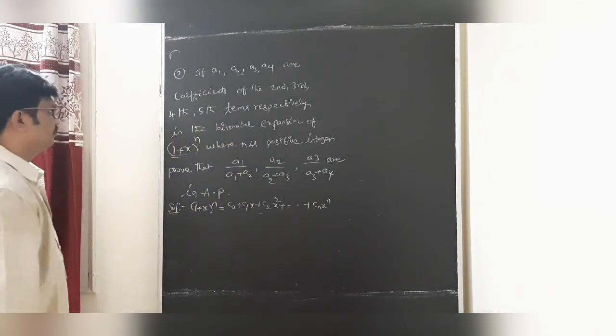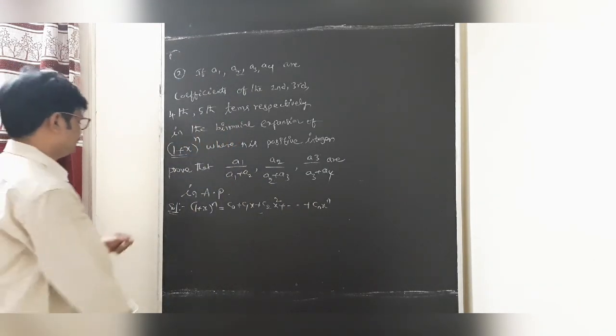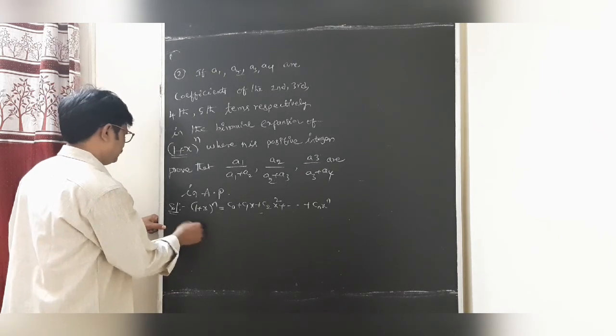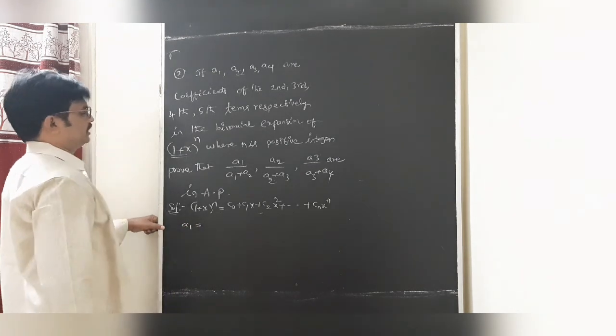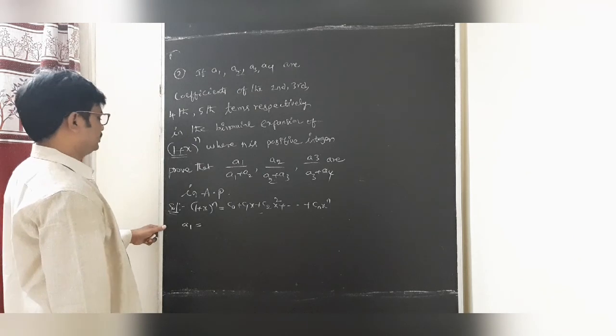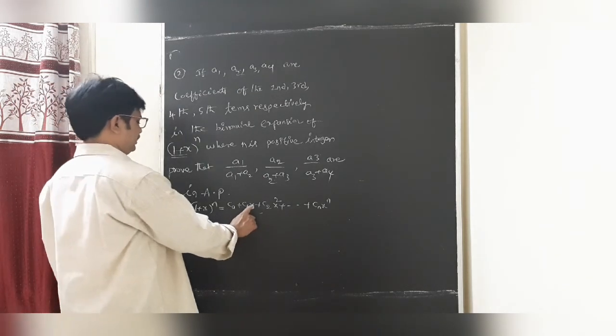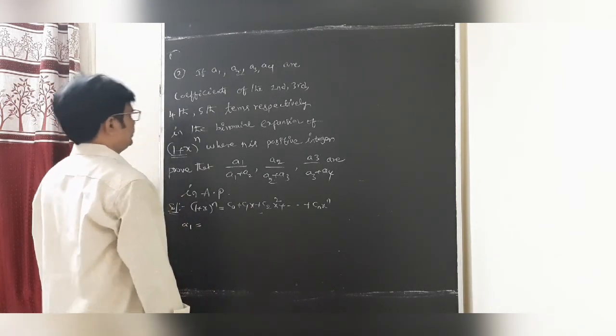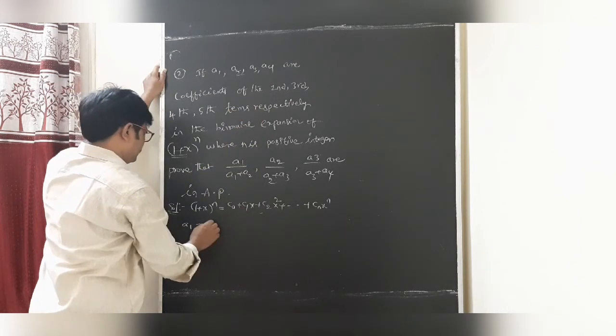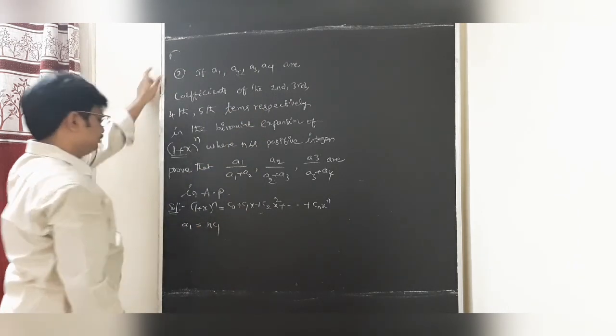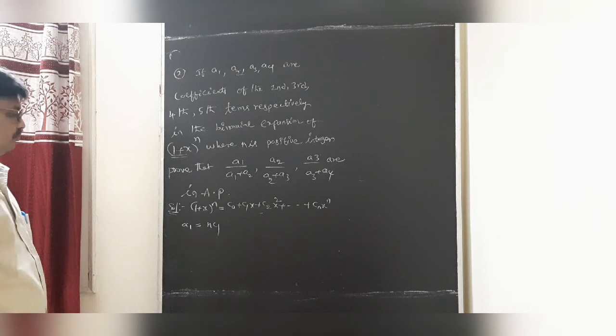What is A1? A1 is the coefficient of the second term, that is NC1.